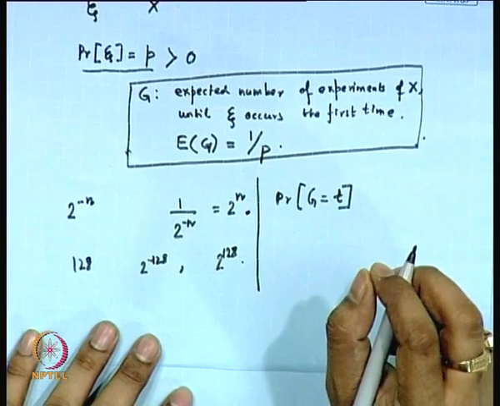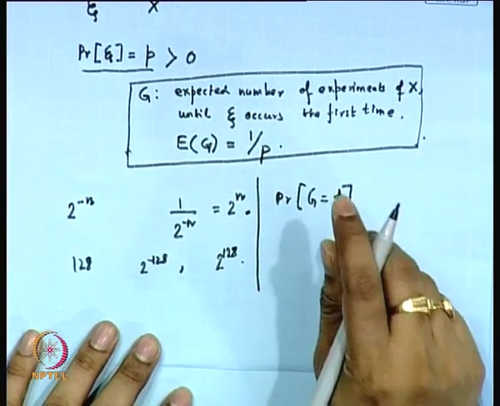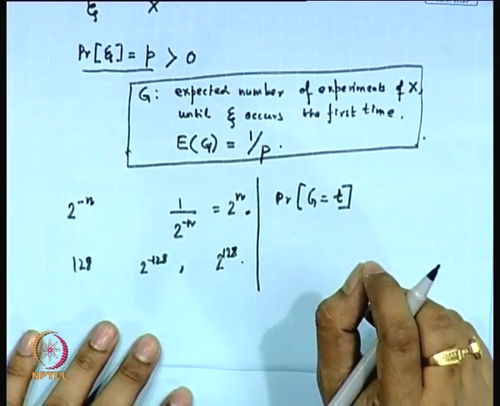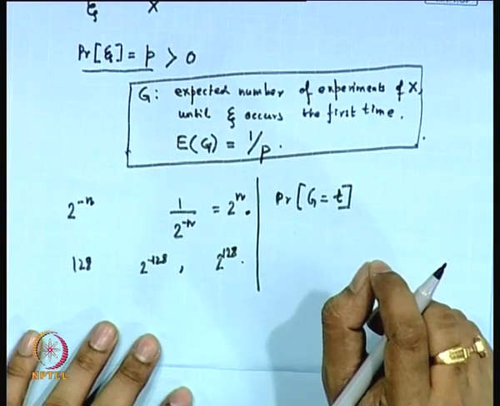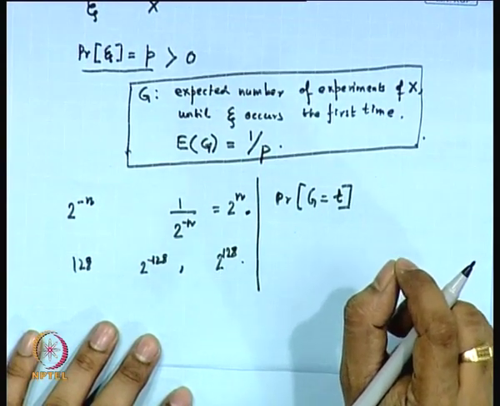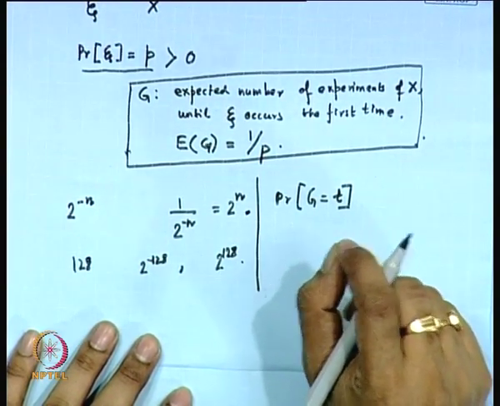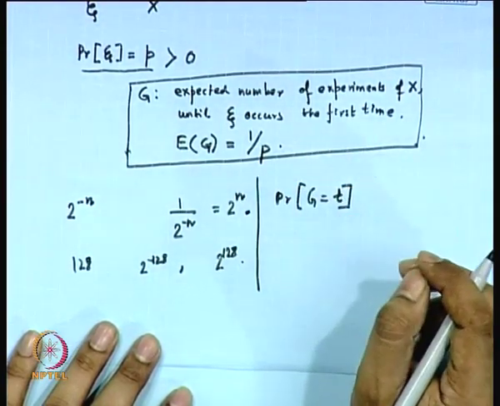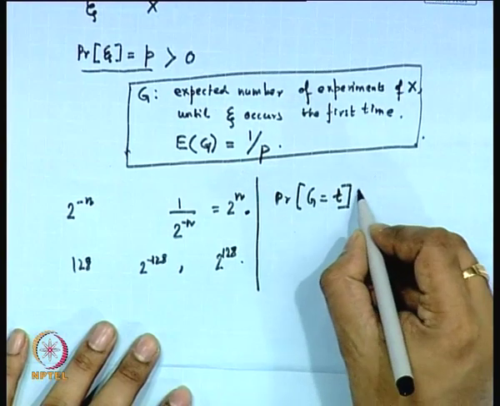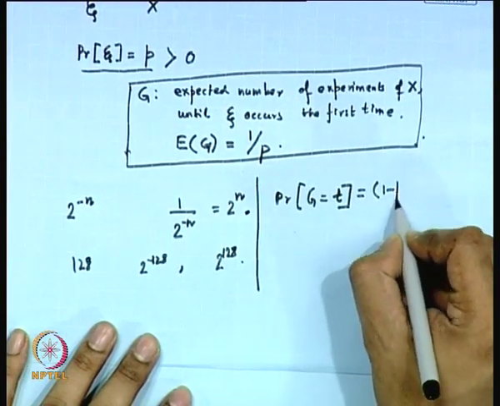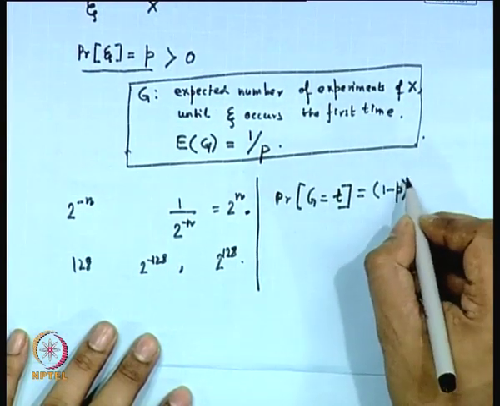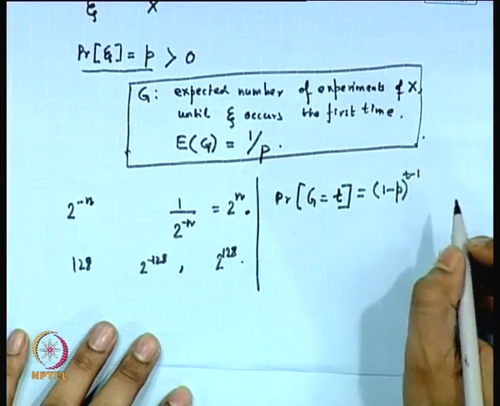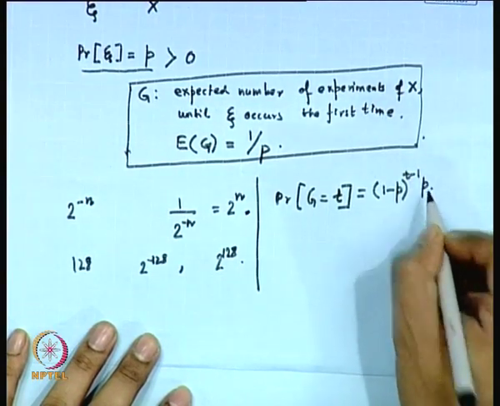What we are computing here is that the success occurs at the tth instance, which means that the previous experiments, up to t minus 1, were failures. So this probability is (1 minus p) raised to the power of t minus 1, because they were all failures, multiplied by p.